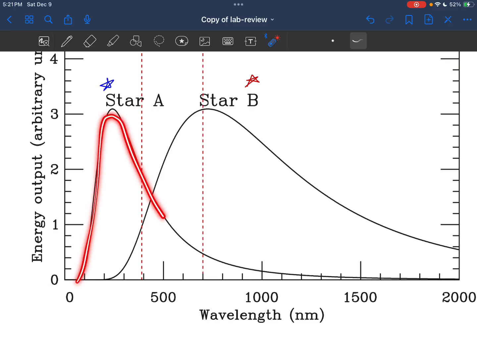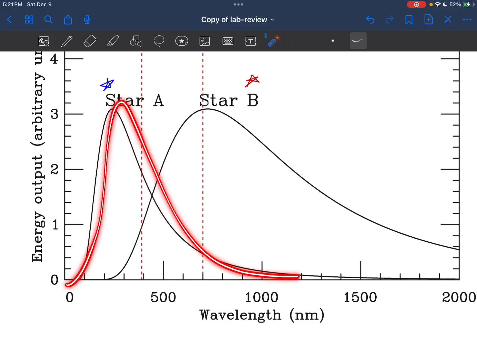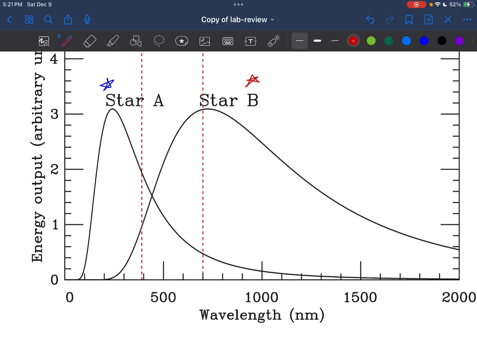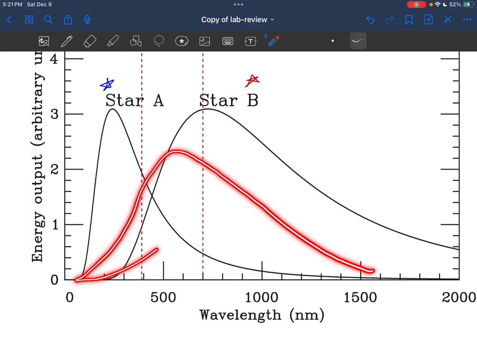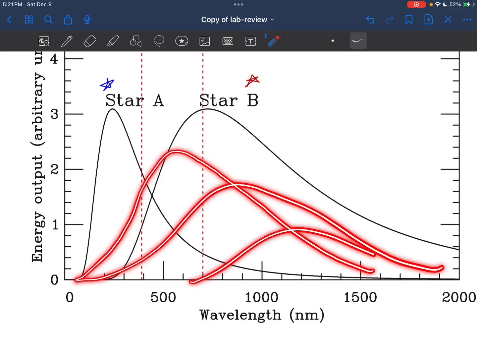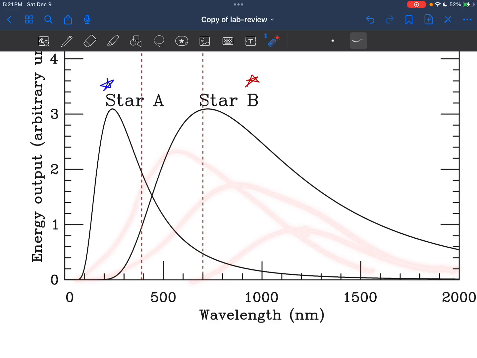So if I took star A and I tried to slowly turn it into star B. If I took star A, kept it exactly the same size, and just decreased my temperature, it would shift over to the right, but its intensity would get smaller and smaller as it got cooler and cooler, because it's the same size.